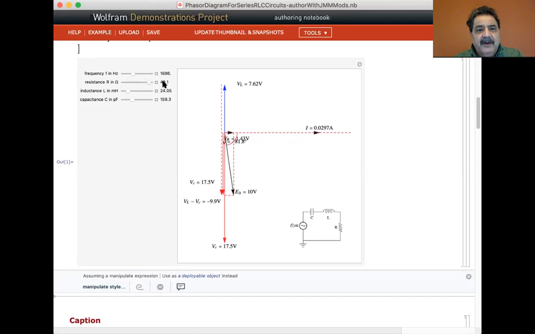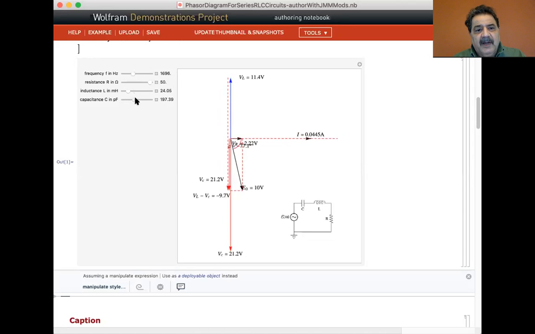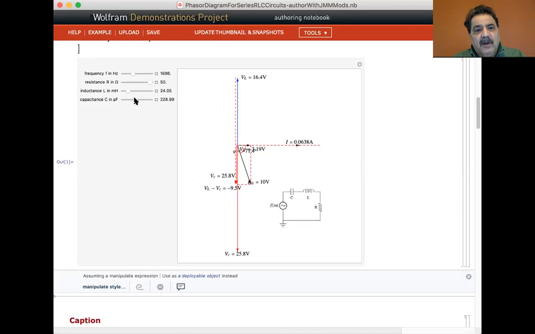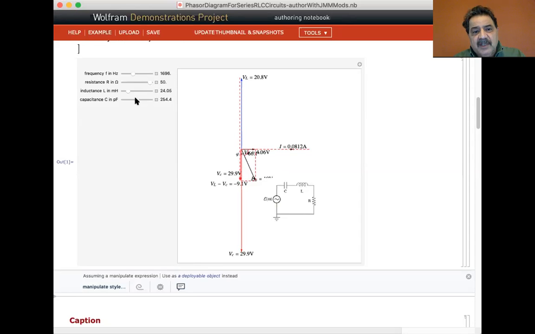And you can see I can make that smaller. I can make it bigger. That's the resistance. It doesn't affect the inductive reactance or the capacitive reactance. Right now the capacitive reactance is pretty large. I can make it smaller by increasing the capacitance.